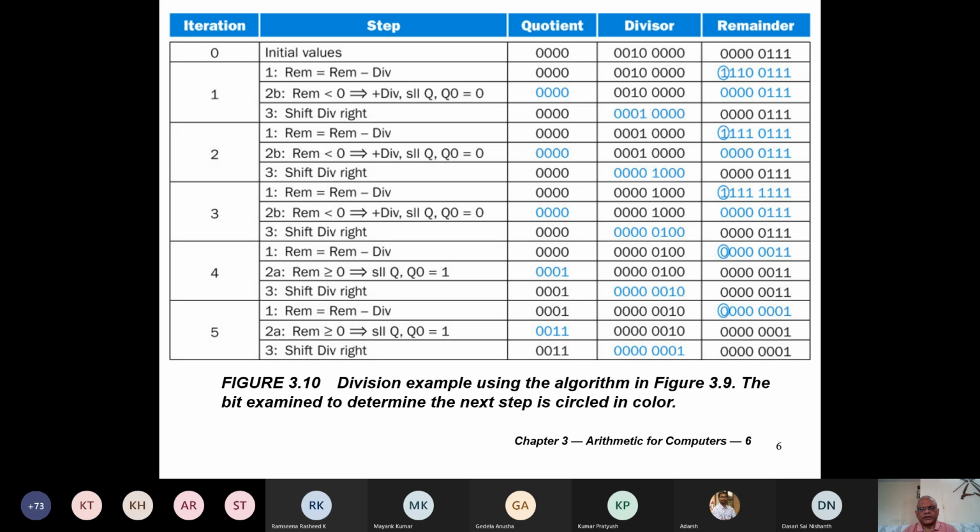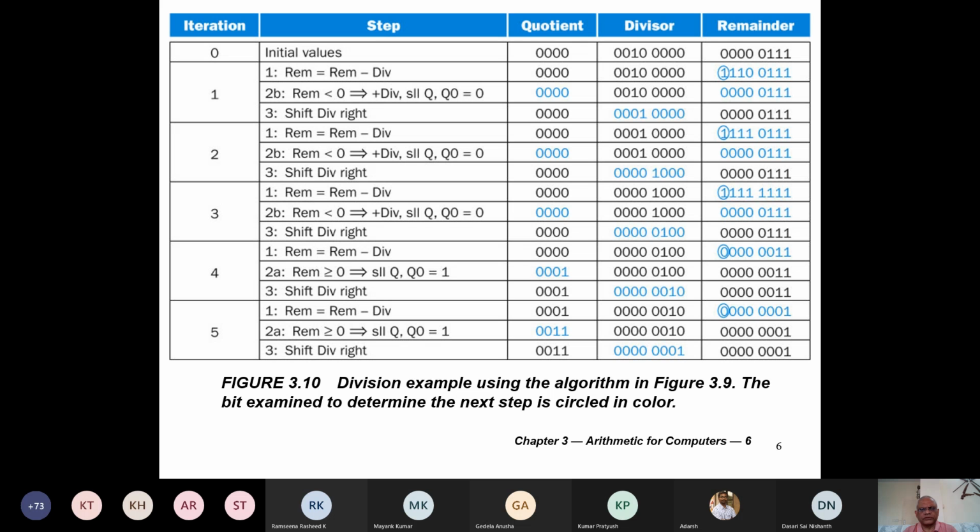And again perform the subtraction, again get a negative number. And then shift the divisor 1 bit, again it became 1000 and perform the subtraction, again get a negative number. And the quotient is again push 0 there until we are able to do a proper subtraction with a non-negative remainder.